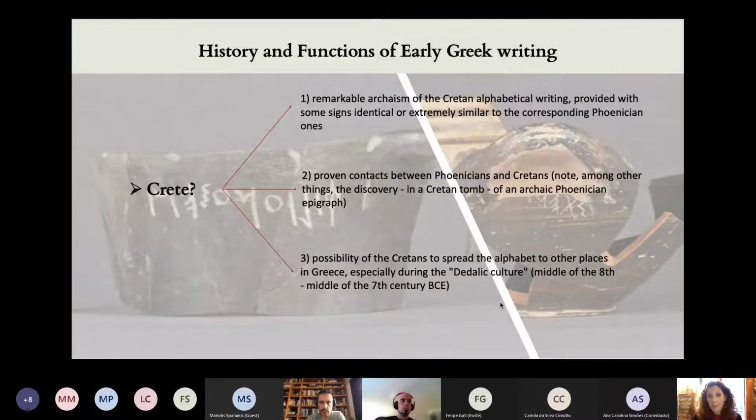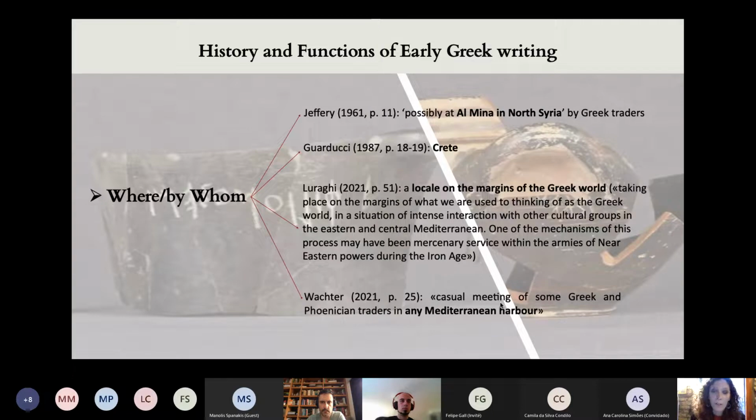But of course, this theory, the first one by Guarducci, but also the one by Jeffery, are neither proven nor certain, because we have no evidence. That's the problem.